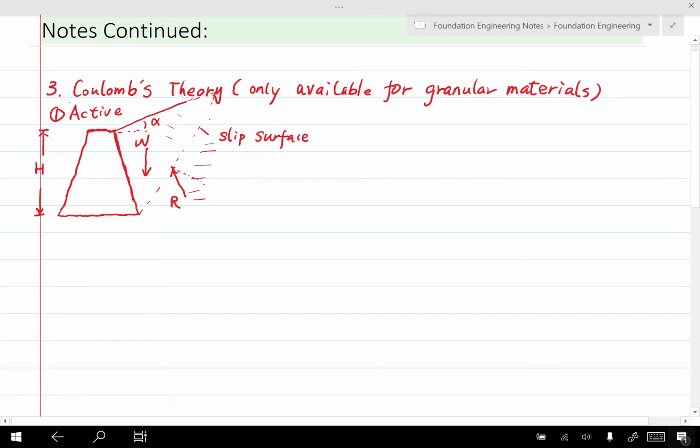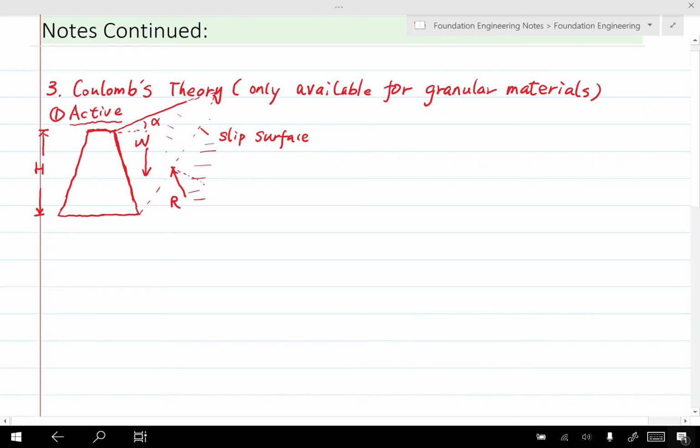Now we are talking about the active. Active means that this soil body will move itself. So that happens usually when the wall moves away from the soil body. If the wall moves away from the soil body, then the soil body of interest, that is the soil body above the slip surface, will move downward.